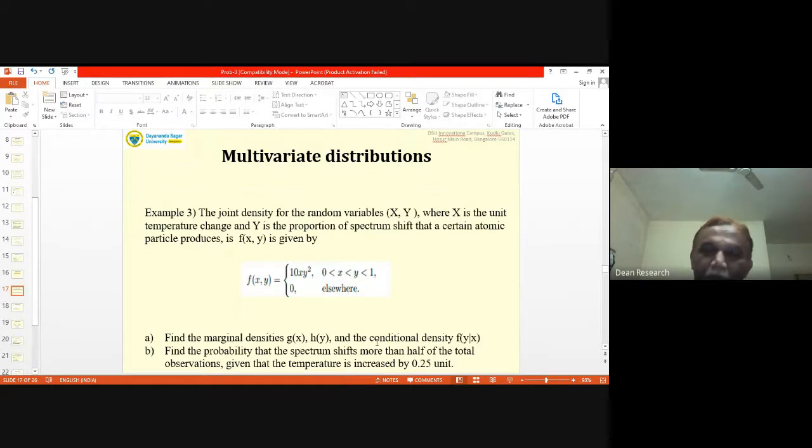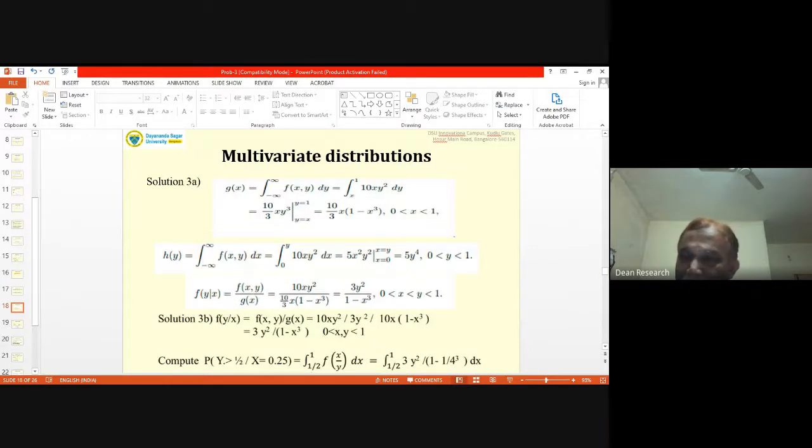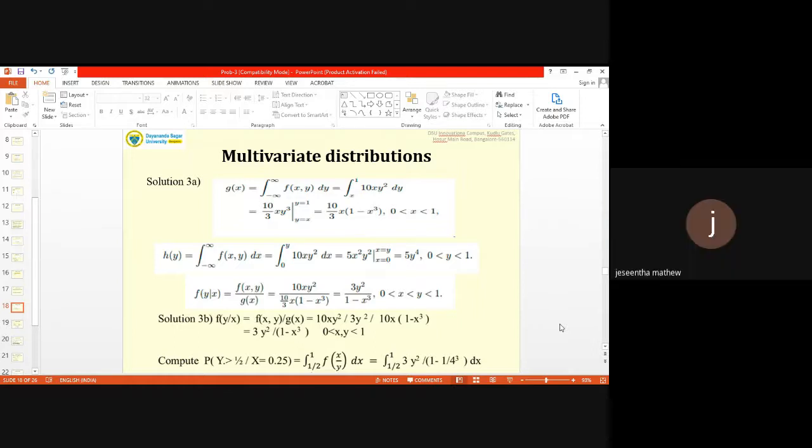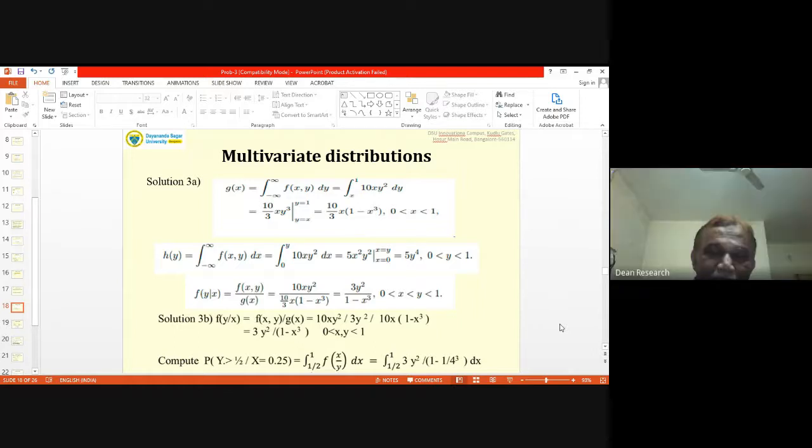Now, let us come to the computation of conditional distribution in the case of continuous random variables. F of y given x. What is the formula? We have seen the formula earlier.